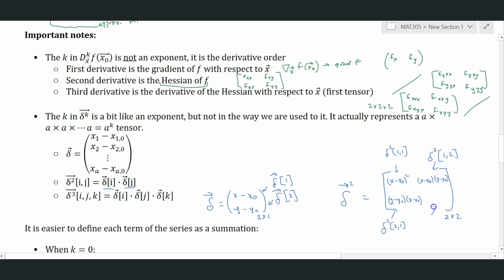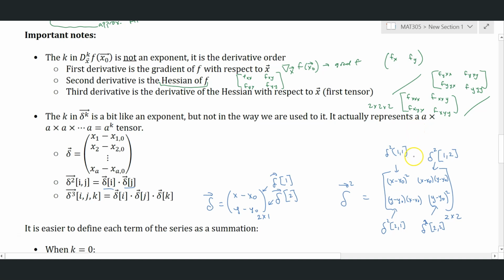And then finally here in the delta squared position, 2 comma 2, it'll be the second element of the delta vector multiplied by itself, which will just be that squared. Now, if you go into the third order delta vector, well, now it's going to have an i, a j, and a k. So not only will it have this 2 by 2, but it will be 2 by 2 by 2.